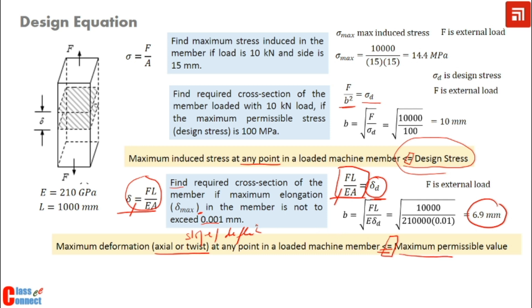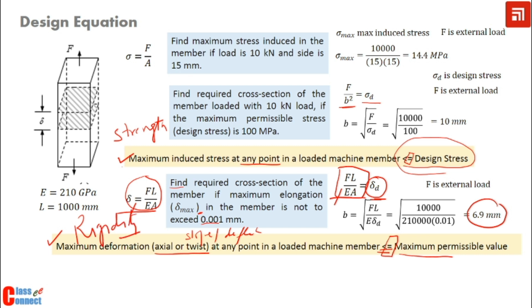So we have now come up with two different equations. One is this, another is this, and this equation we call the design equation on the basis of strength. So we are designing a component on strength, and here we are designing a component on rigidity.